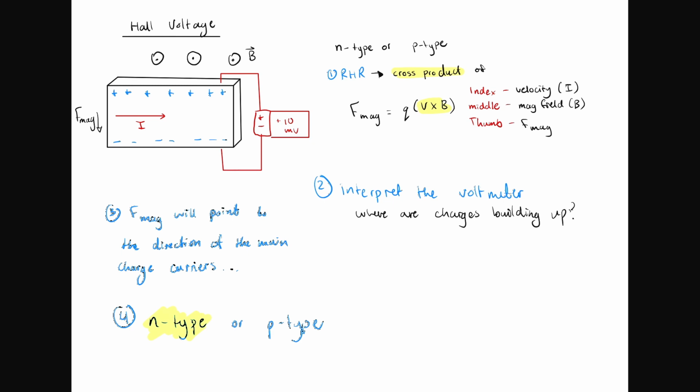So it's really, really important that you be able to look out for all the different things that can change. First of all, the current can point right or it can point left. The magnetic field can point into the page or it can point out of the page. The voltmeter hookup can be positive at the top, negative at the bottom, or it can be negative positive. And the reading here can be positive or negative.